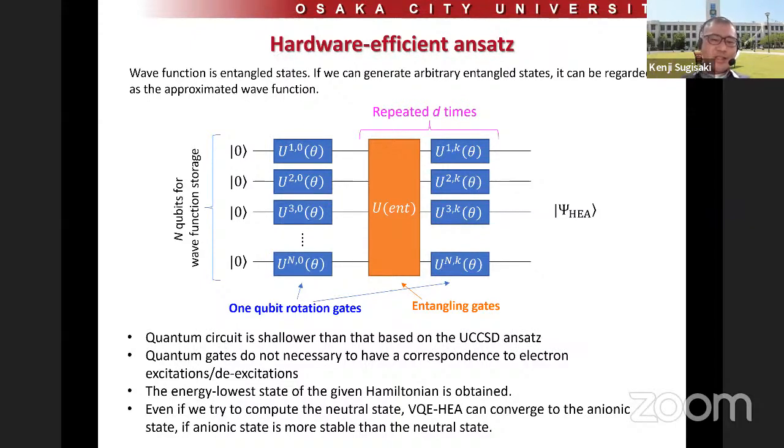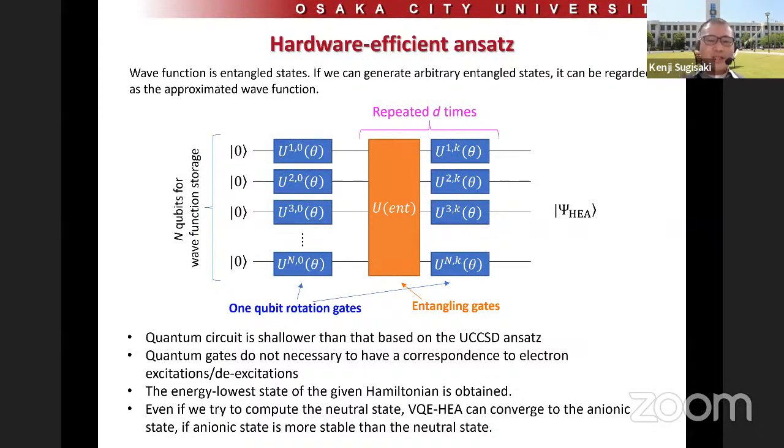But the important thing is that the gate doesn't necessarily correspond to electron excitation or de-excitation. Because of this feature, the lowest energy state of the given Hamiltonian is obtained this way.